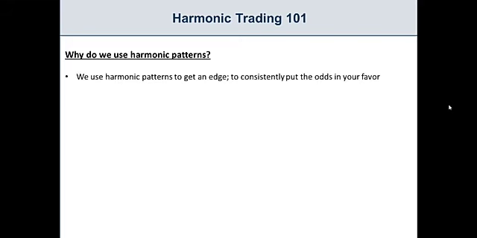So why do we use these harmonic patterns? We use harmonic patterns to get an edge, to consistently put the odds in your favor. And how are we getting an edge by using these patterns?